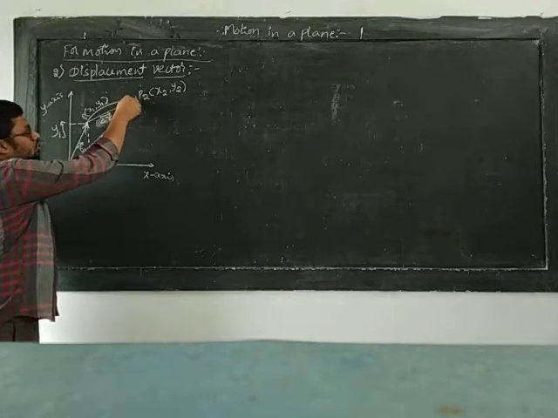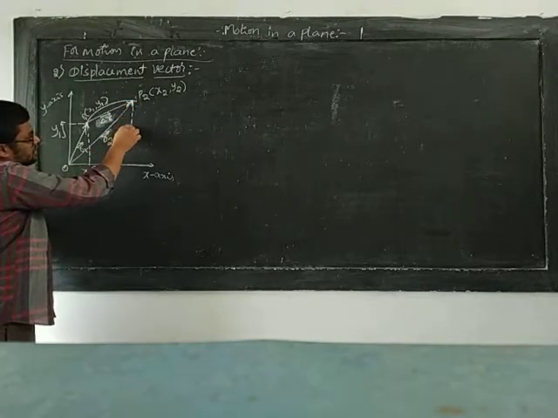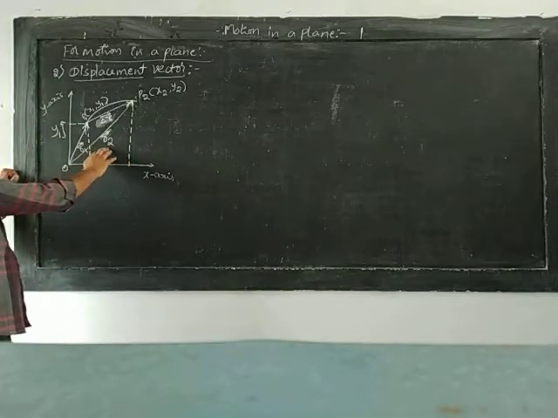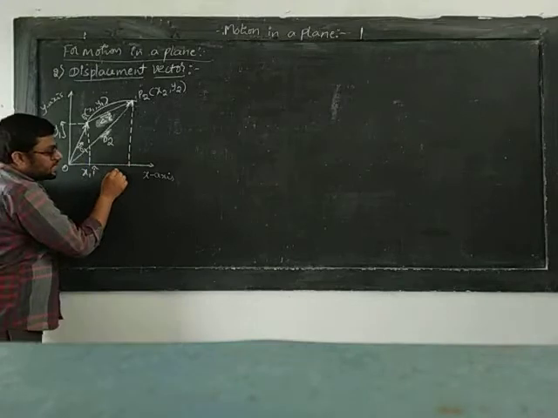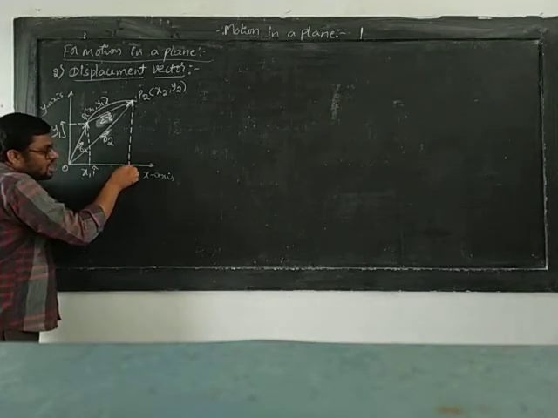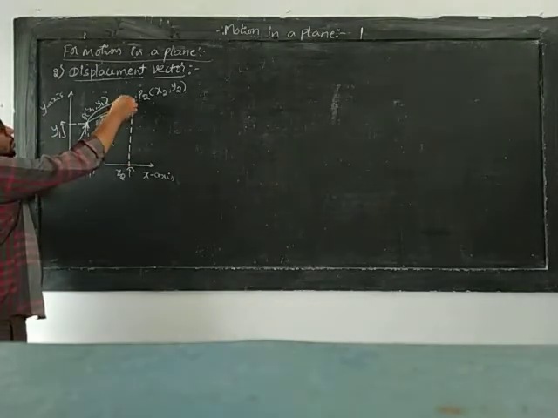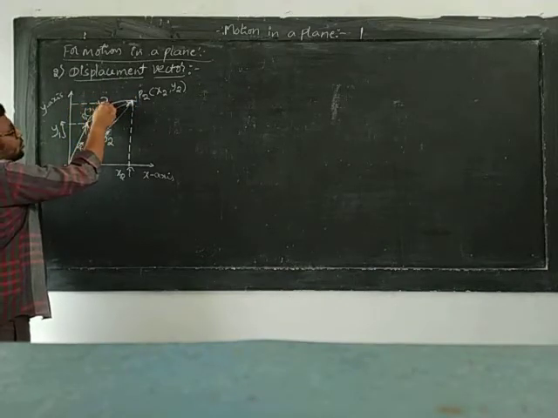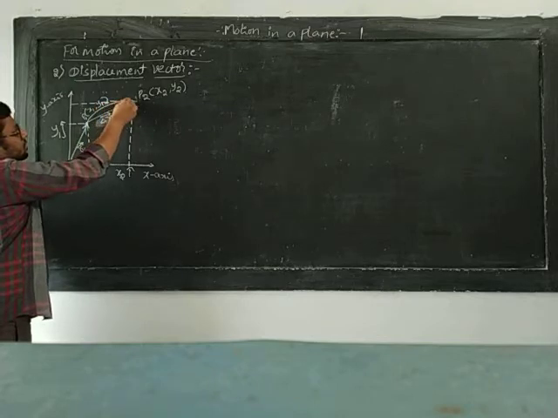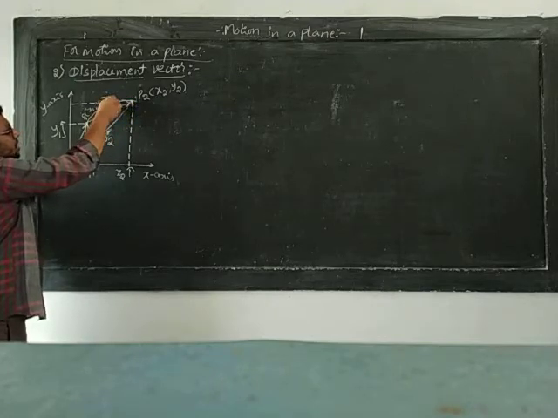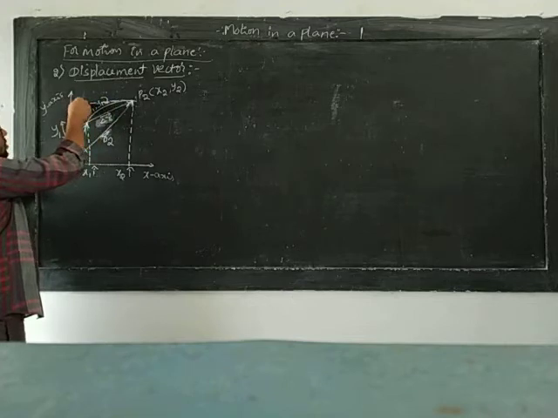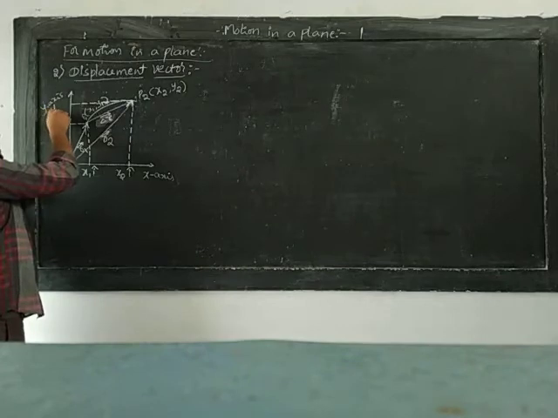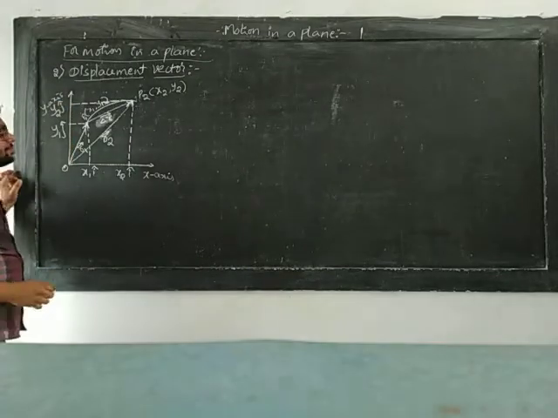Similarly, here I consider the component of R2 along the x axis, that is x2 i cap, and the component of R2 along the y axis, that is y2 j cap.